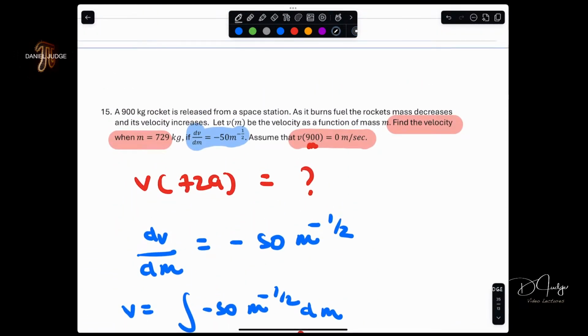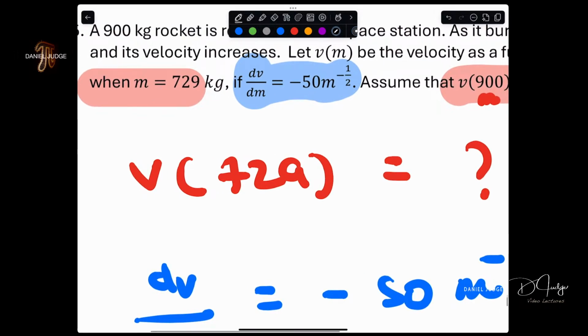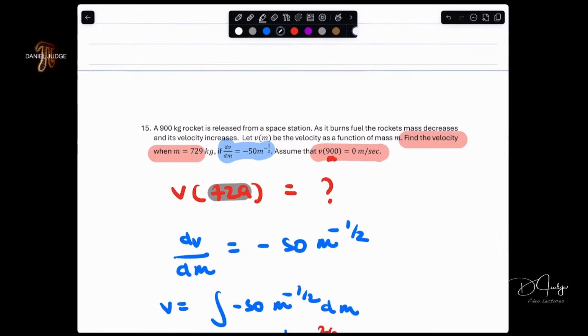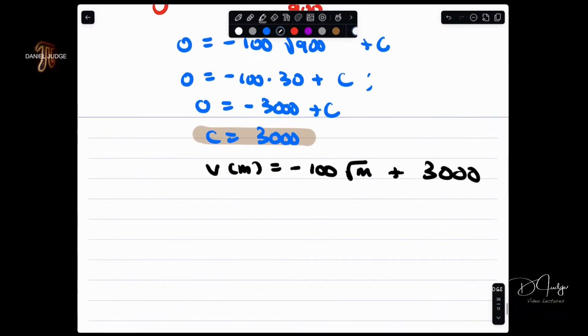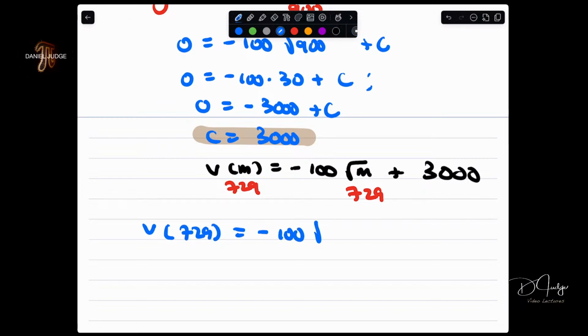Now you go, well, what was the original question? They want to know what's the velocity when the mass is 729. So some of the fuel's gone. V of 729 is negative 100 square root of 729 plus 3,000.